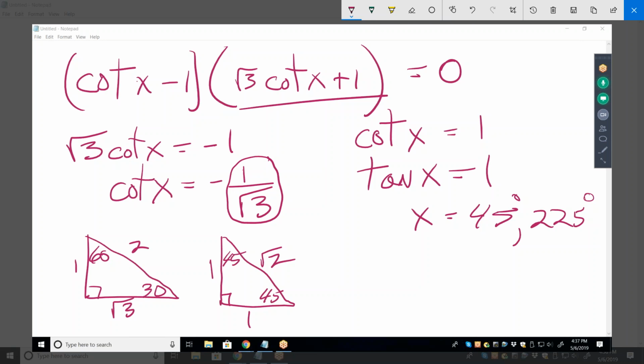Okay, so tangent is TOA. Instead of opposite over adjacent, we want adjacent over opposite. So when we're talking cotangent, which angle are we talking about? The 60 degree. Yeah, we want adjacent.